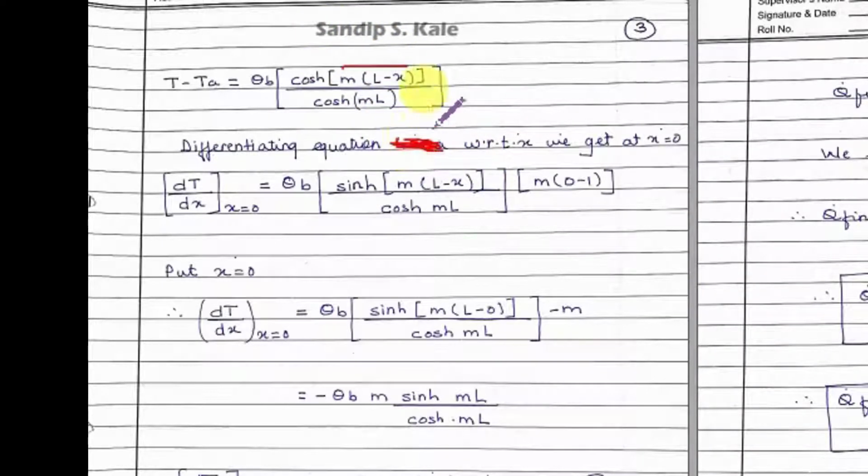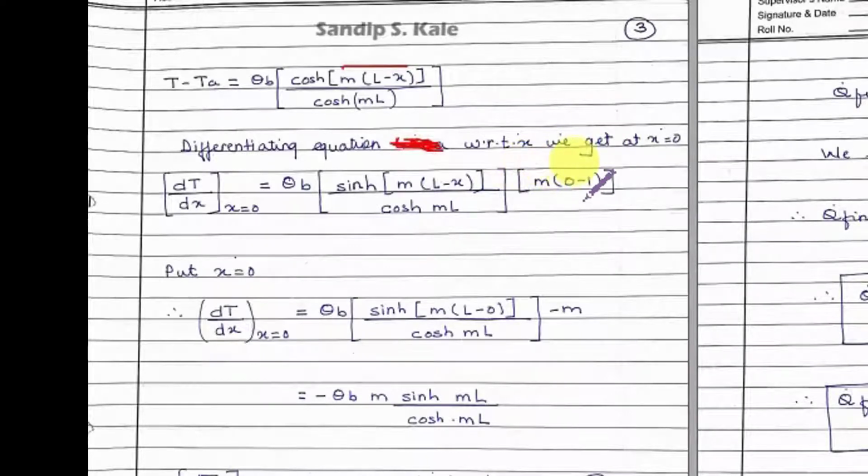So this is one part, multiplied by the bracket which is related to the x term. m and L are constant, so that will be 0. m is also constant, so it will be out of the derivative. And the derivative of minus x is minus 1.